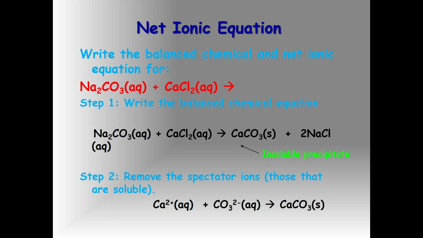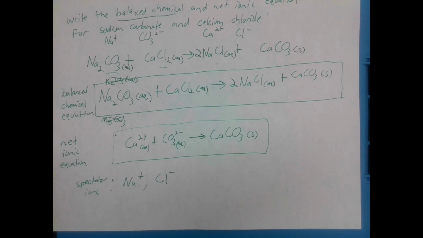Basically, you remove all the aqueous on the right-hand side, and if they match on the left-hand side, you remove them. And that's the result. Everyone think they're comfortable with the net ionic? Everyone think they're good at balancing equations?